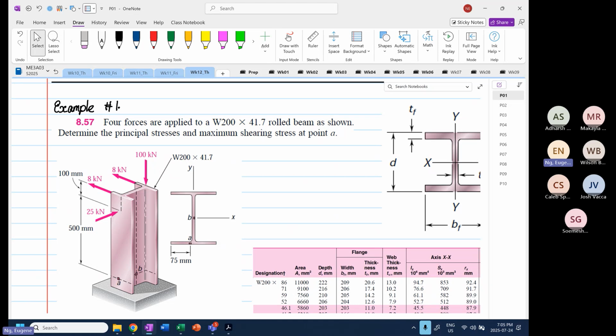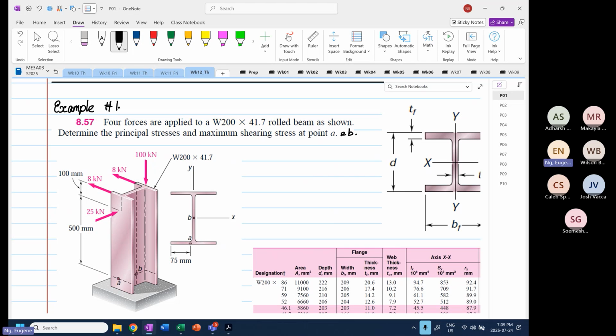We are going to determine the principal stresses and also the maximum shear stress at point A, and we are also going to do point B. If you realize, what we did before, we just calculated normal stress. We did not determine principal stresses.